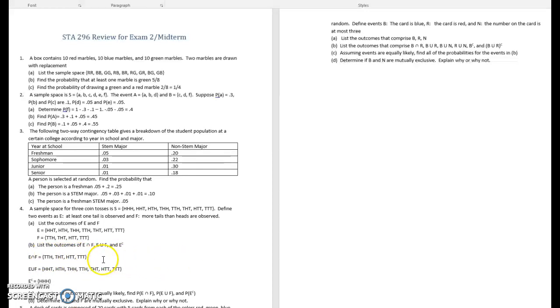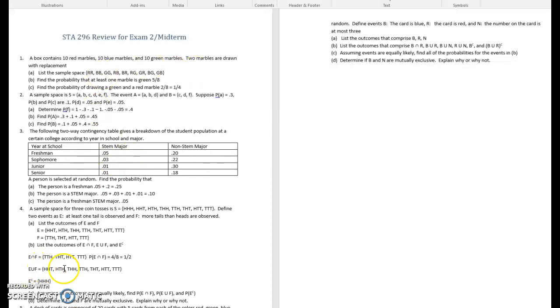So if we want the probability of E intersect F, let's notice there were 4 outcomes in E intersect F out of the total of 8 outcomes. So that's 4 out of 8, or 1/2.